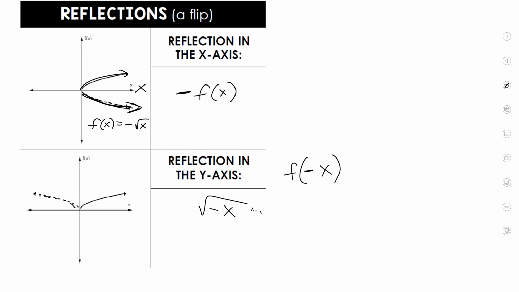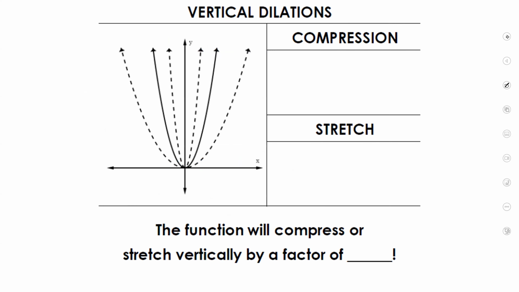Next, let's look at dilations, stretches and compressions. So now let's look at vertical dilations. So this is our function. If you have a number in the very front, this will be a compression if this value is less than 1.